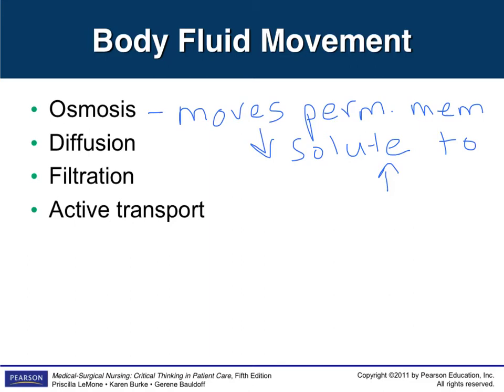So an example of a colloid would be a medicine called albumin. Don't get too hung up on this. We're going to talk more about colloids, isotonic, hypertonic, and hypotonic as part of your lab activity for this week.